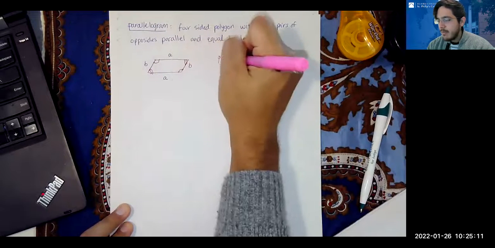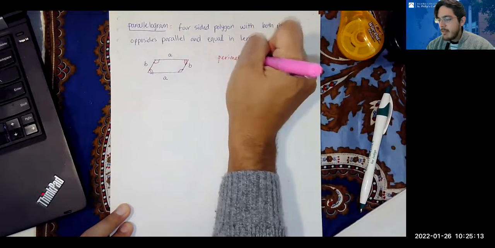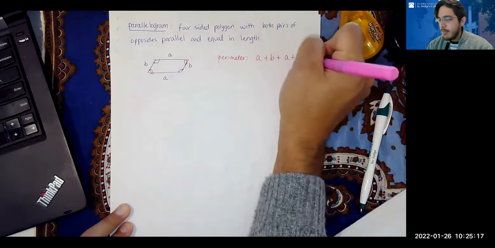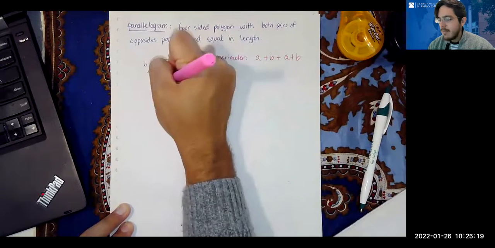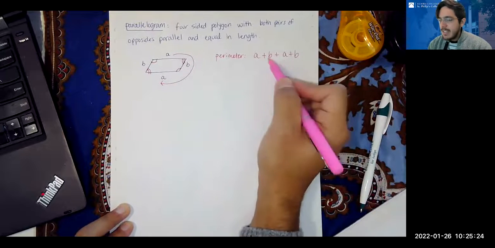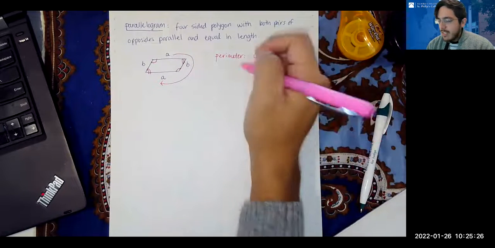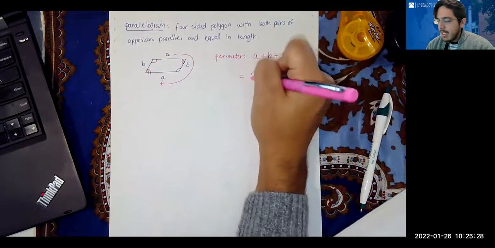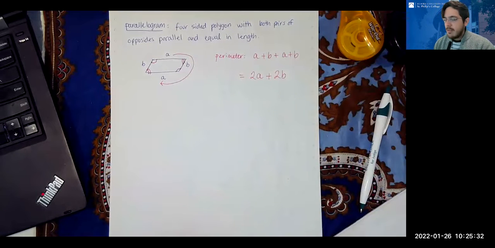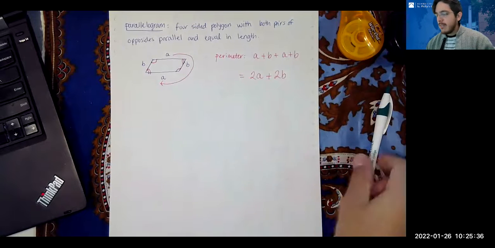So the perimeter would be A plus B plus A plus B if we wanted to walk around in this direction, right? But since we have some A's together, we have 2 A's, we could just say that this is the same thing as 2 times A plus 2 times B, which is very similar to the formula for a rectangle.